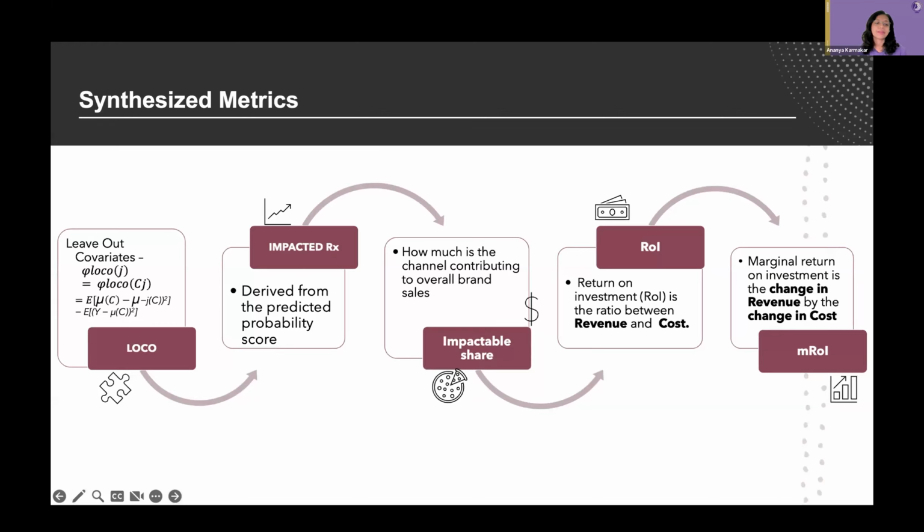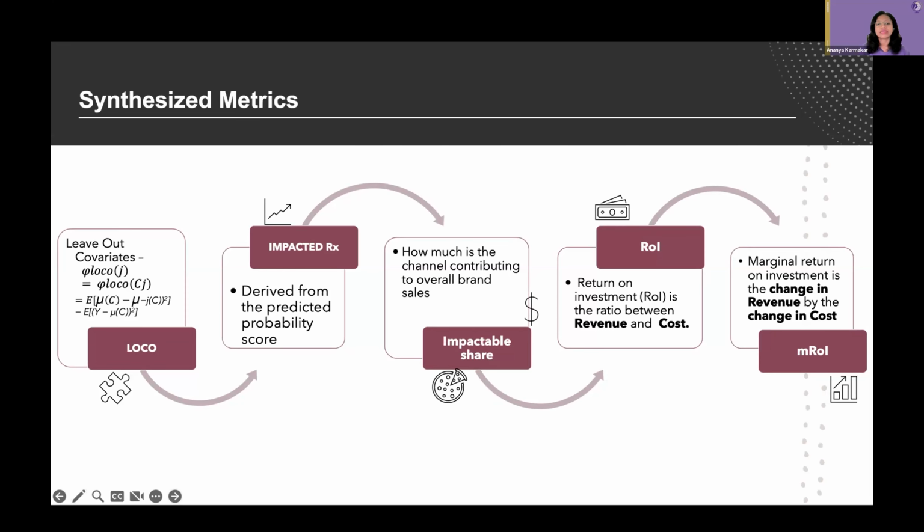So following this, we apply a series of business-defined calculations to estimate impacted NBRX. This is done by multiplying the share of market with the market level NBRX, translating model outputs into actionable commercial insights. From the impacted NBRX, we get impactable share, which is the proportion of the overall contribution made by the channel. Then we have ROI, which is return on investment.